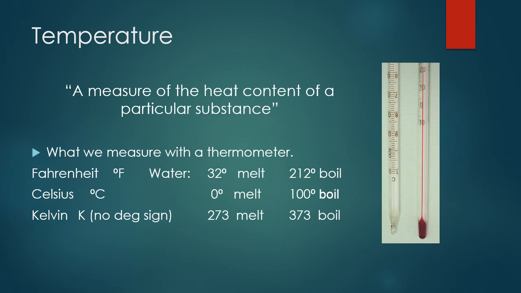So all I have here is a comparison using water as a baseline, where you can see the temperatures that water will freeze or melt in Fahrenheit, Celsius, and Kelvin, and you can also see the temperature at which water will boil in all 3 units, just so you can compare.